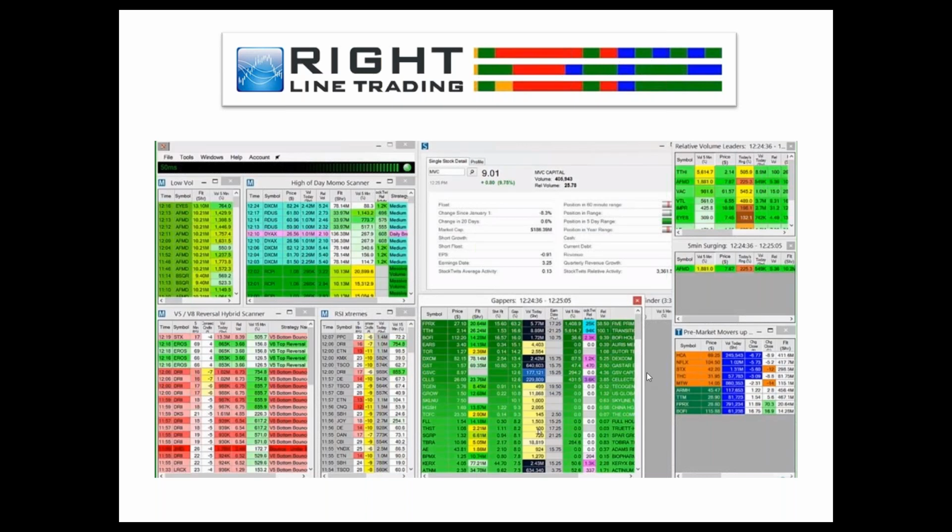There's no single signal on any stock, forex, or future that gives you a buy or sell signal based on a preset number of variables.